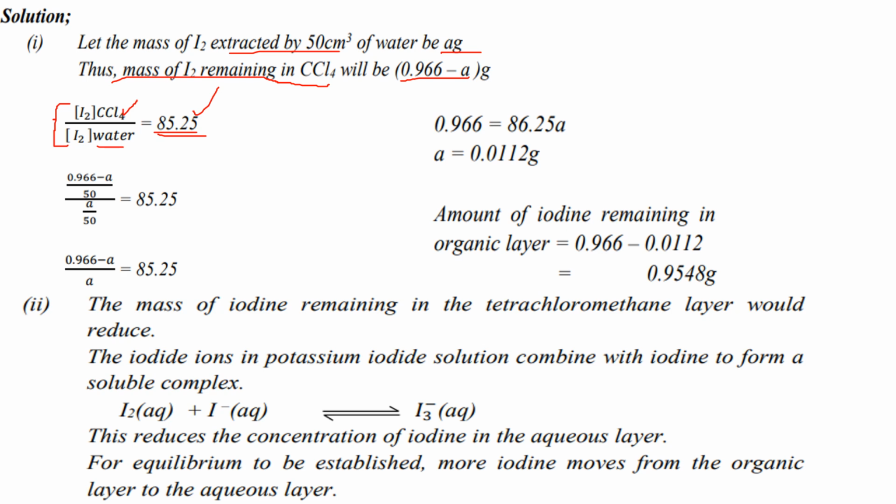The order they put them in is the order you are supposed to use. How do you get molar concentration? We get molar concentration by dividing mass that has been given by the available volume that you are using. So that's why we are saying this is going to be 0.966 minus A, divided by 50, as you have explained here.